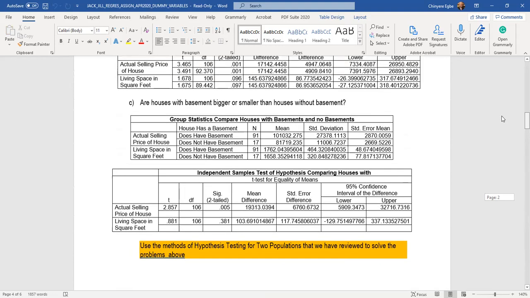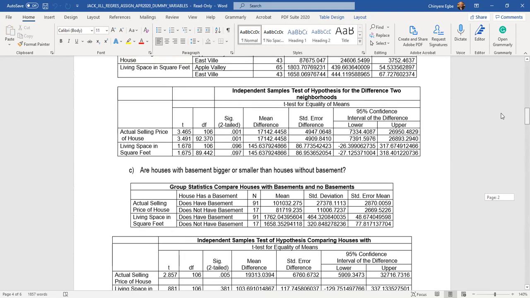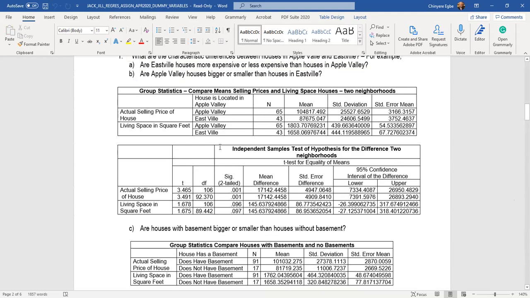No, I'm using the table that is this table, independent sample test. Yes, that's what you are using. You use the independent sample test to test if houses in Eastville are more expensive than houses in Apple Valley.